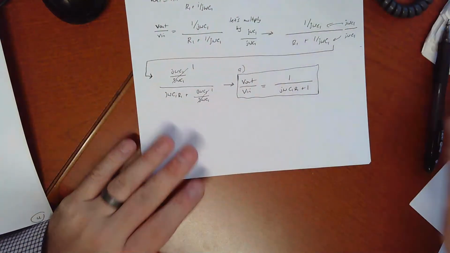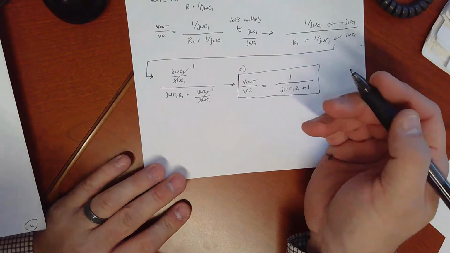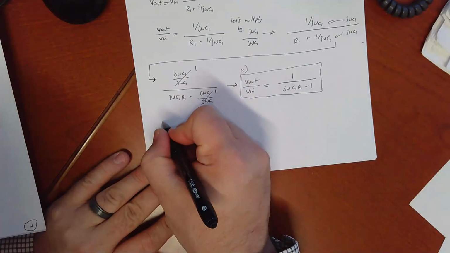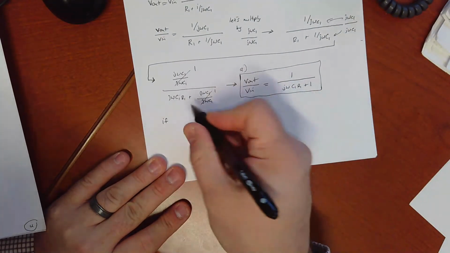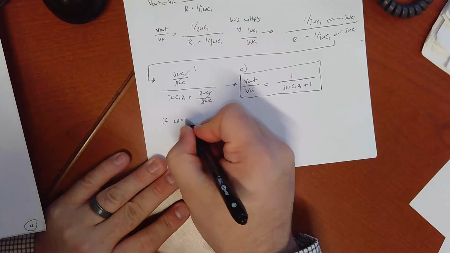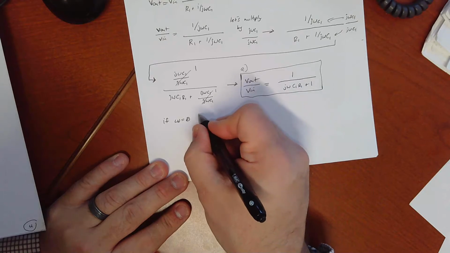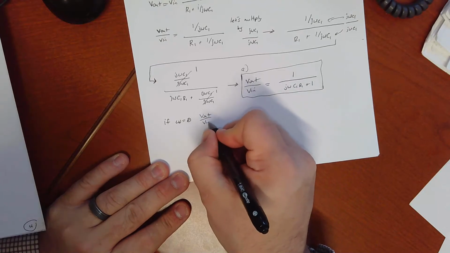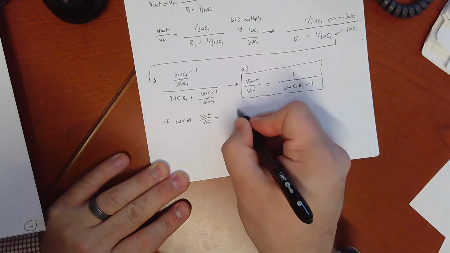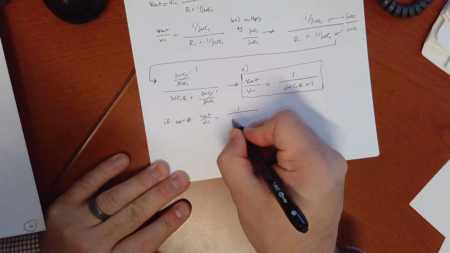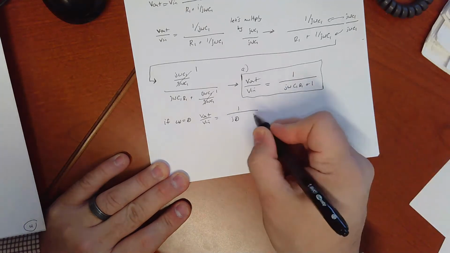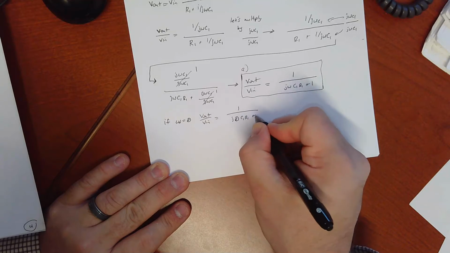However, another way to check it, of course, is to see what happens. If we let the frequency be equal to 0, then V out over V in is going to be equal to 1 over j times 0 times C1 R1 plus 1.